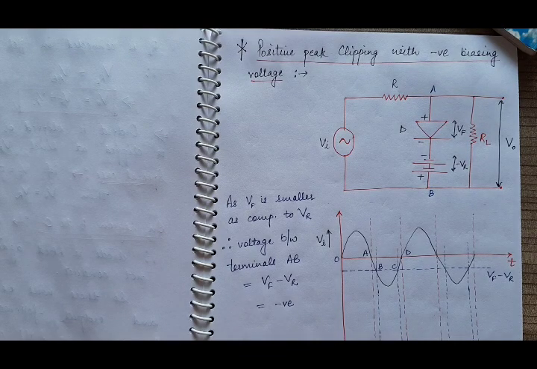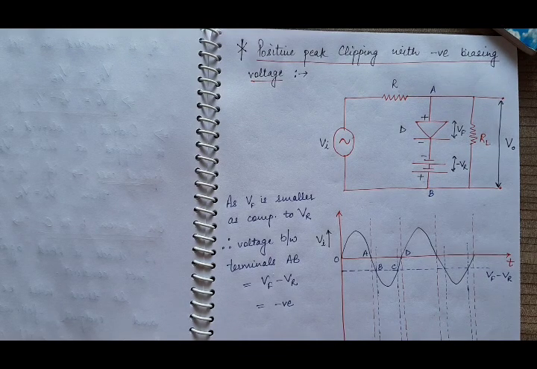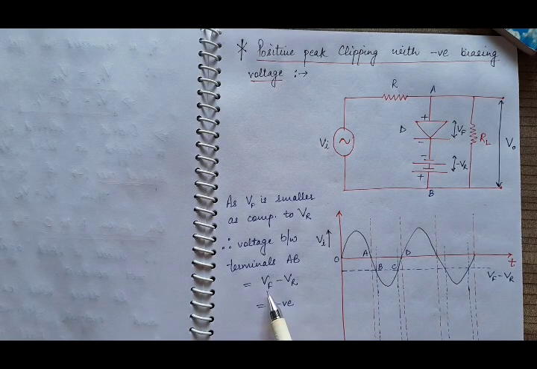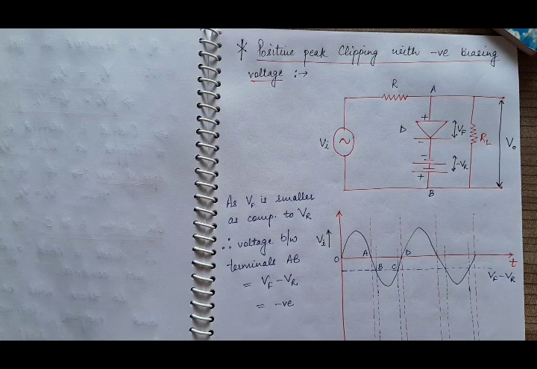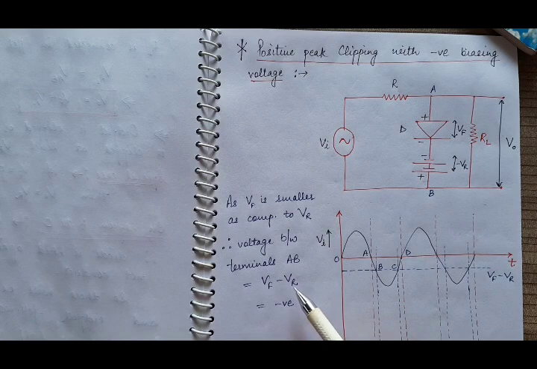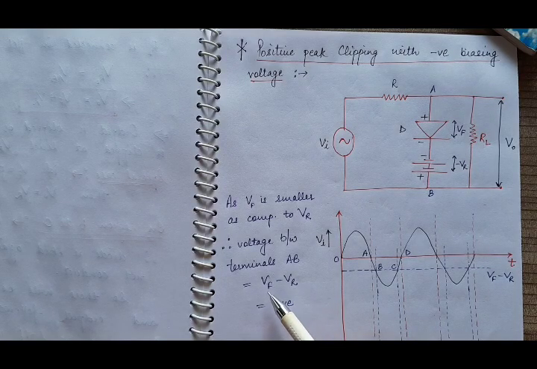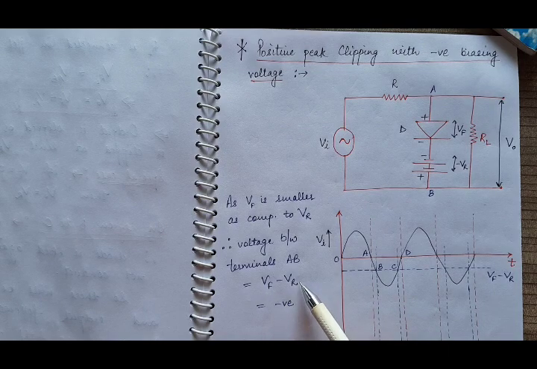Now what will be the sign of this voltage VF minus VR? Is it positive or negative? The forward voltage drop across the diode is very small, less than 1 volt. But VR is greater than VF. VR is always greater than VF, because if we are providing biasing, then that biasing will always be greater than the voltage drop across the diode. VF is always very small compared to VR.